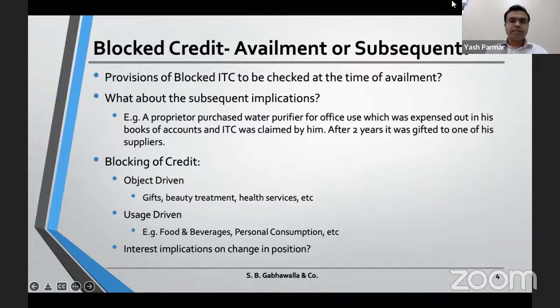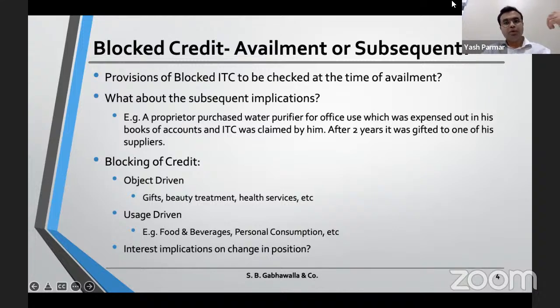Now after 2 years it was gifted to one of his suppliers. We have section 17.5(h), clause (h), which we'll be discussing in detail in a couple of minutes, which says that ITC in relation to gift is a block credit. Now going back to this example, when this proprietor is giving it as a gift after 2 years, is he required to review the position of ITC which he had claimed 2 years back?